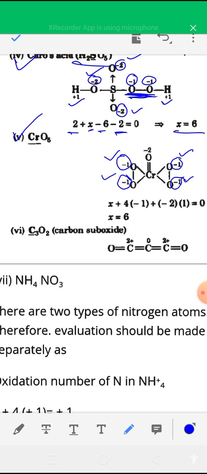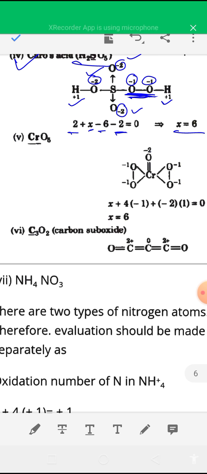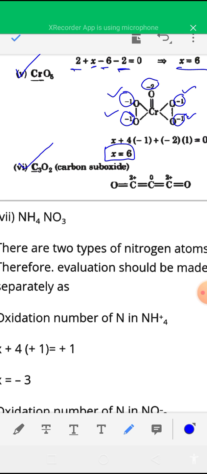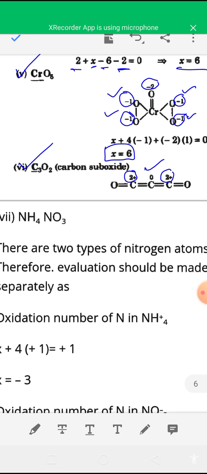So 4 into -1 plus 1 into -2 plus x is equal to 0. So x is equal to +6. And the oxidation number of carbon in C3O2: these two carbon atoms have oxidation number +2, and this carbon atom has oxidation number 0.